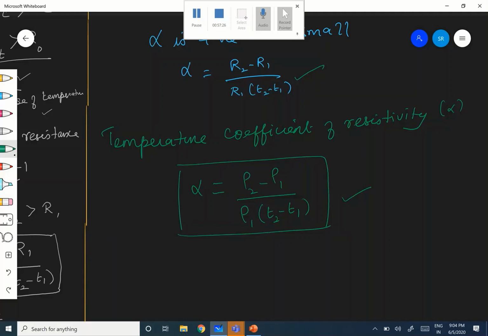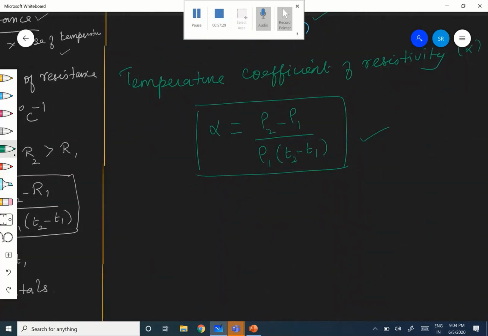Okay, therefore, shall we go for plotting the graph here? What if I want it for metals? For metals, if I want to plot a graph, rho versus temperature in Kelvin, and rho's unit here is 10 power minus 8 ohm meter.